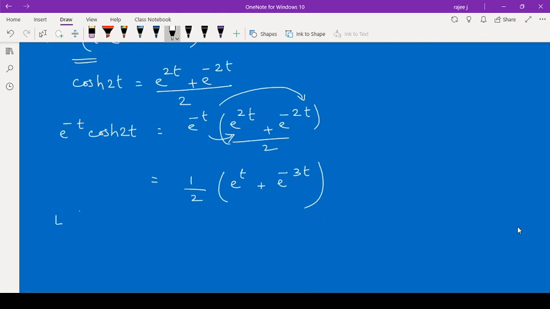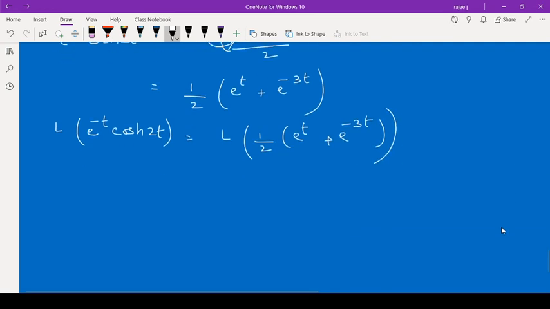Now L of e raised to minus t cosh 2t will be equal to L of 1 by 2 times e raised to t plus e raised to minus 3t. Then this is equal to 1 by 2, a constant.